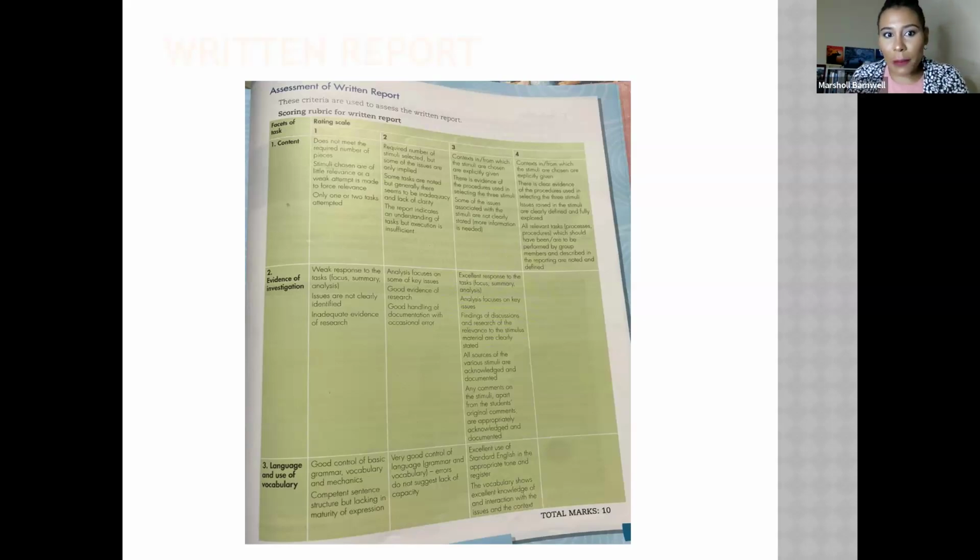I am going to see whether or not the things that I just said, as in your reflections on your plan of investigation, is reflected in the written report. I'm going to look for evidence that you actually did what you were supposed to do. And then I'm going to look at the language and use of vocabulary. So I'm going to see how y'all as a group took everybody's individual expression and merged them into one document. Okay?